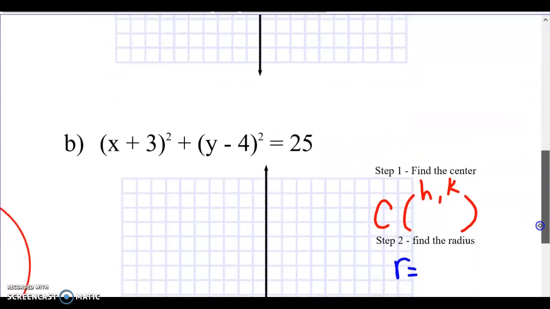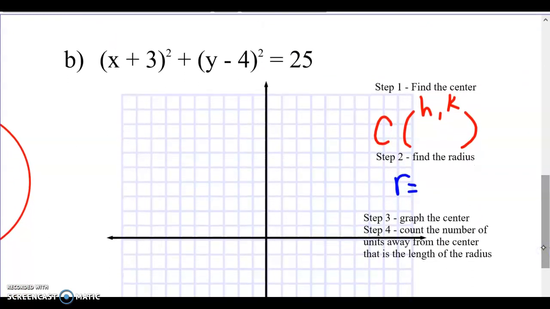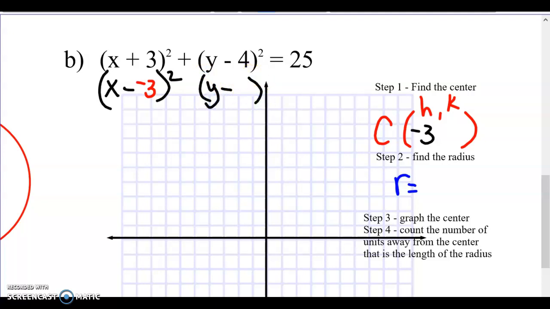Okay? Here's another example. On this one, again, the general formula is x minus. What happened here is that the h would have had to be -3. So that means -3 over here is the x value of my center. And then, again, the general form is y minus. In this case, it was just a normal 4. All right?